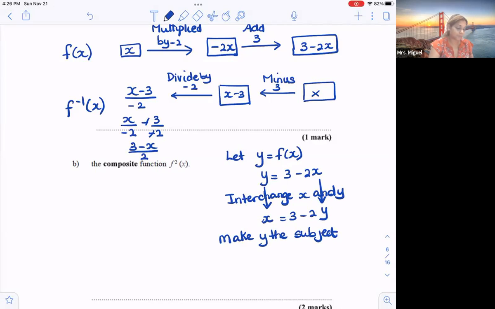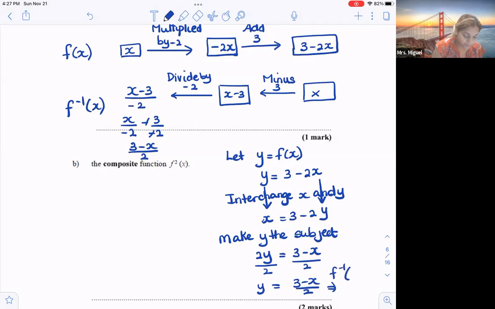So I have 2y is equal to 3 minus x. I divide both sides by 2. So y is equal to (3 minus x) over 2. This means f inverse of x is equal to (3 minus x) over 2.